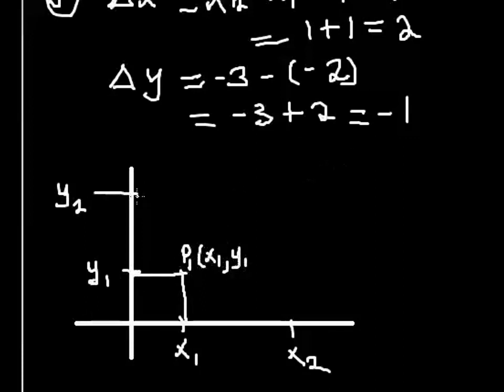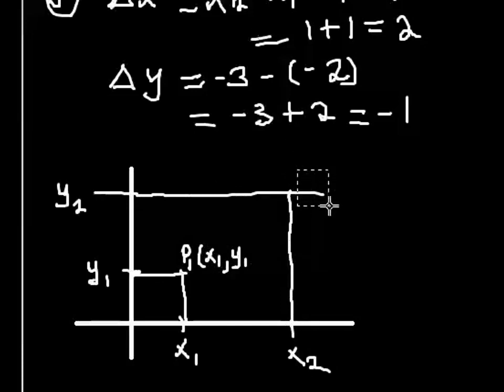Now at the point where x2 and y2 intersect, that is the final point P2 with coordinate x2 comma y2.